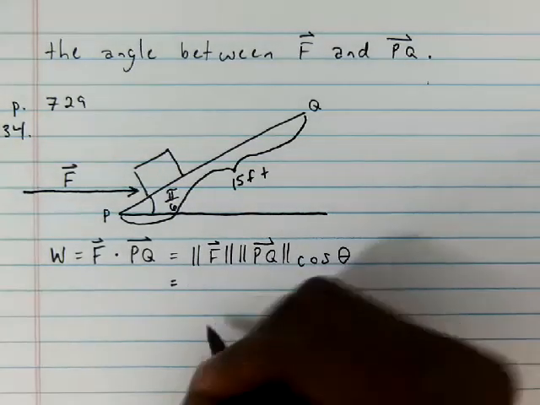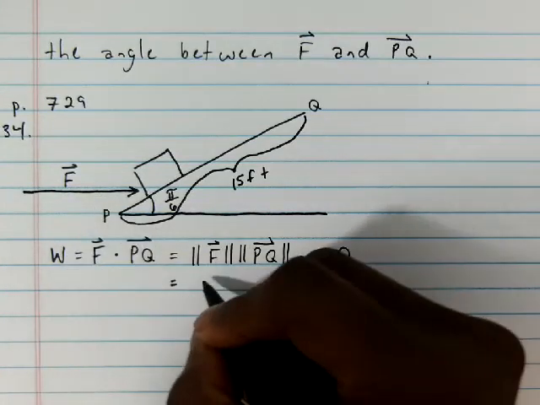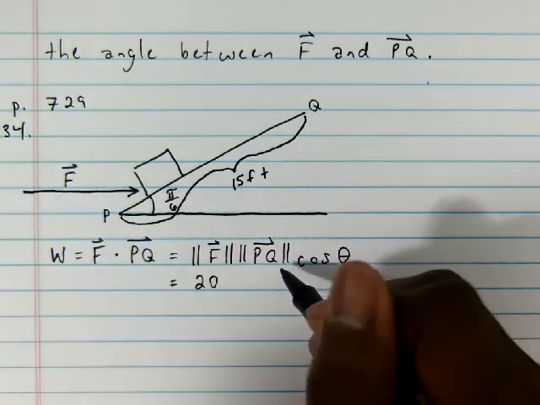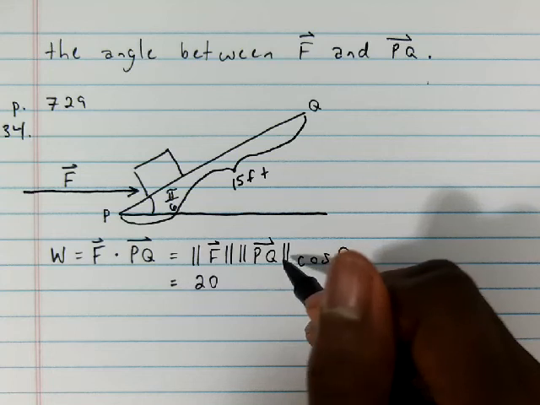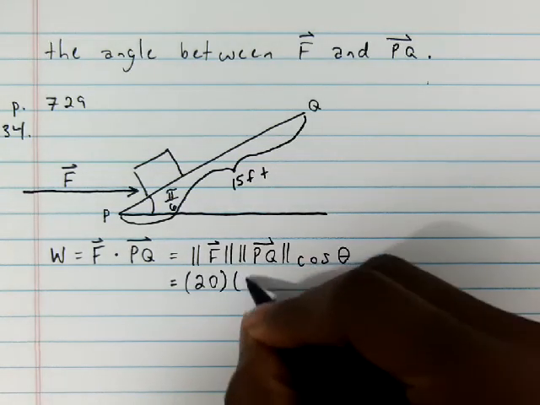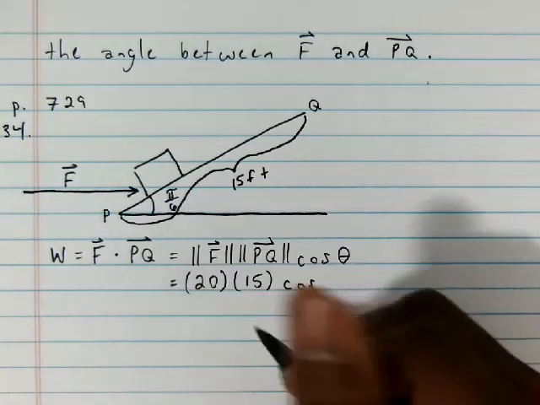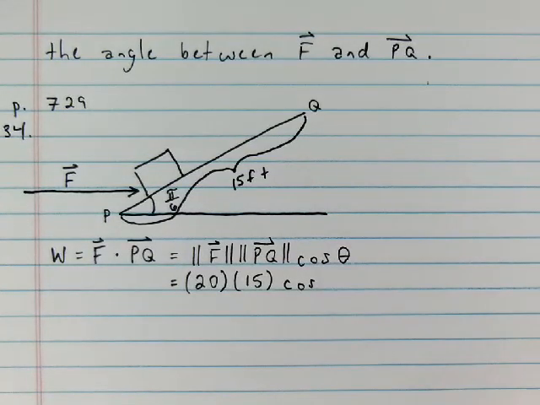And we know what the magnitude of F is. They told us it's a 20-pound force. So its magnitude is 20. And the distance between P and Q, which is the same as the magnitude of the vector PQ, they told us is 15 feet. So that's 15. And then times cosine of our angle, which was pi/6. Yes, it was pi/6.